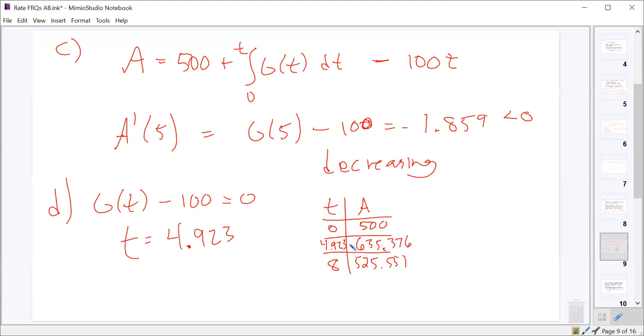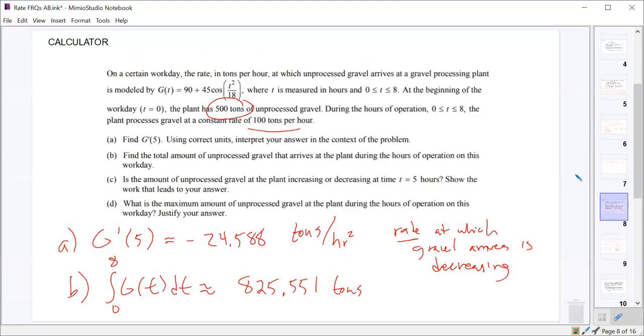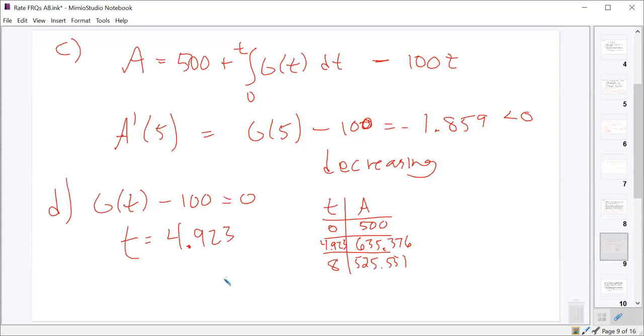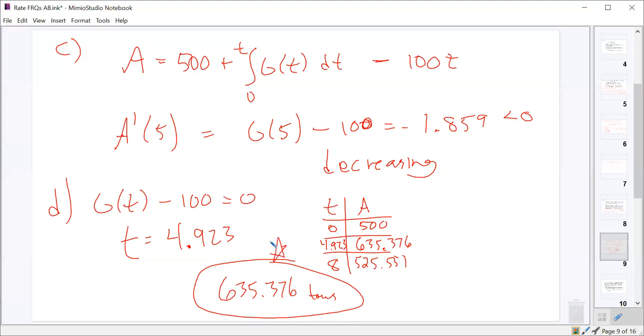And so the value at 4.923 is the max. And it asks, what is the maximum amount? So this time it's asking for the y value. So we would say 635.376 tons. And your justification is you found the critical value and you tested that and the endpoints in a chart, or somehow showed each of those values to show that that one was the largest. Having it there is fine. Writing it out is not necessary. Any questions on that?